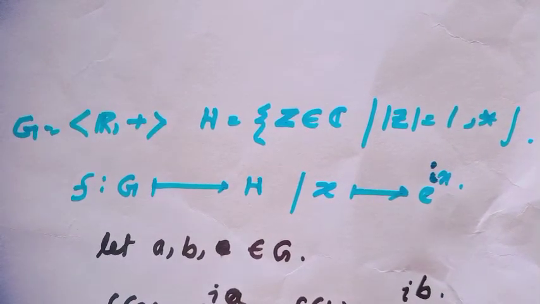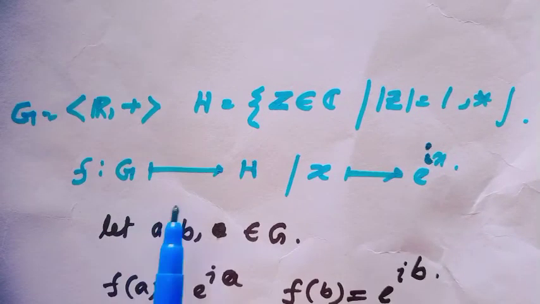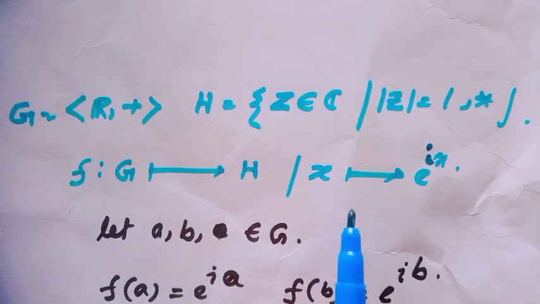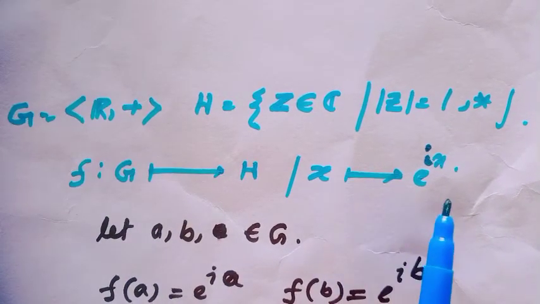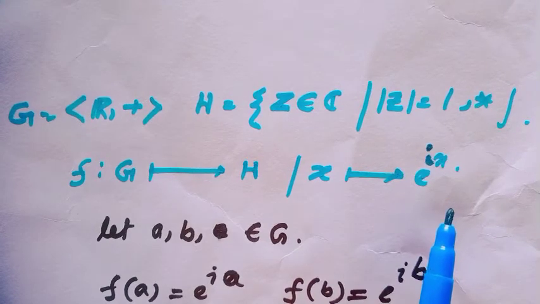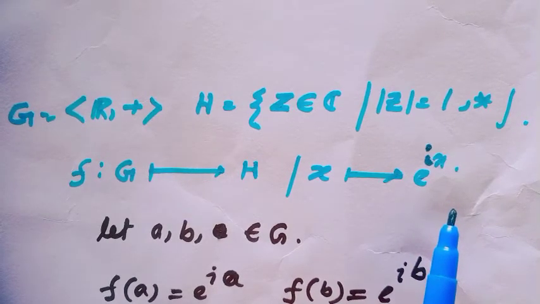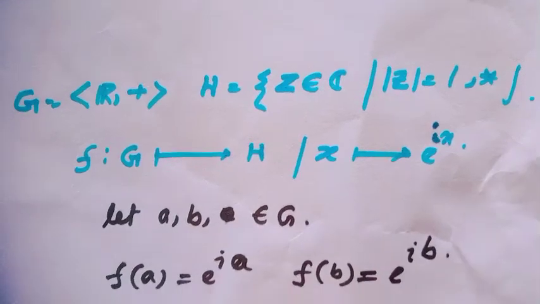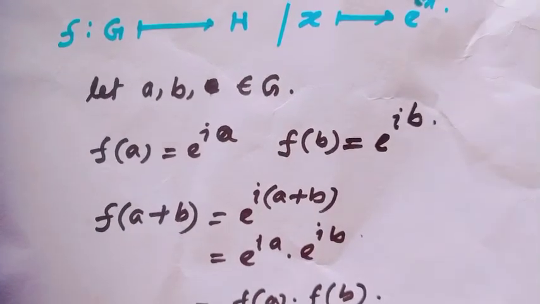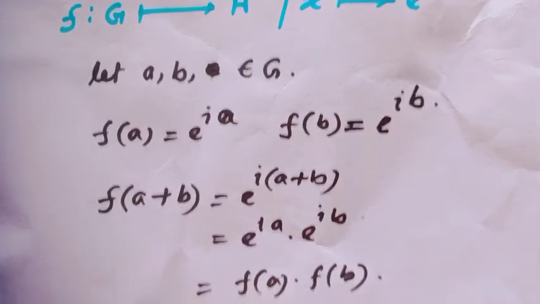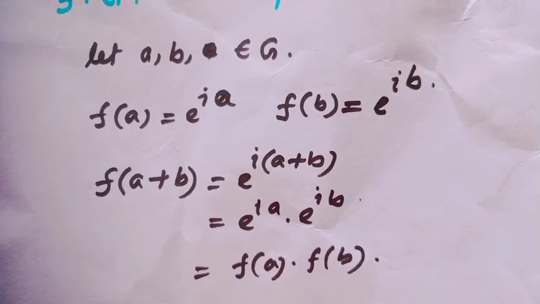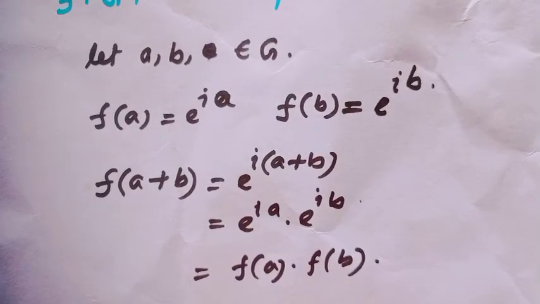Now consider a map f from capital G to H such that x is mapped to e to the power ix. Now my question, is it a group homomorphism? By the previous example, it is also an example of group homomorphism. Okay?